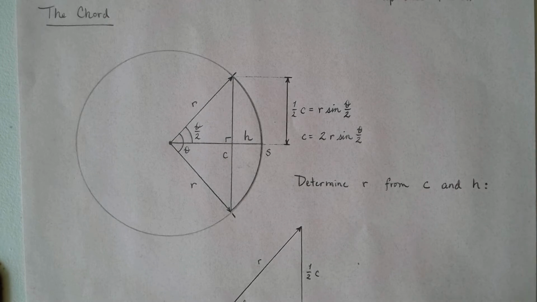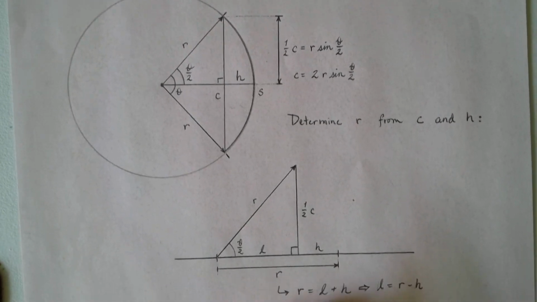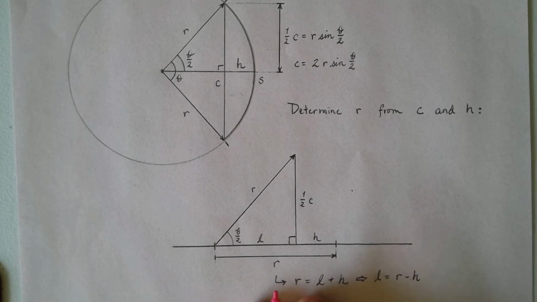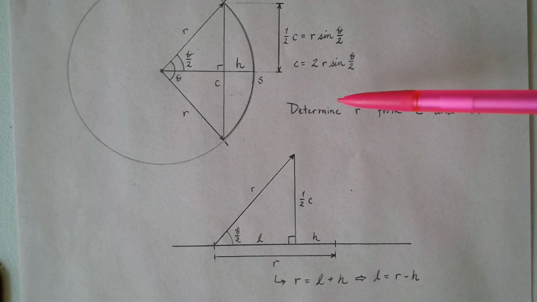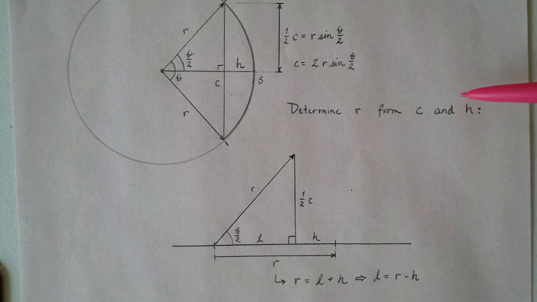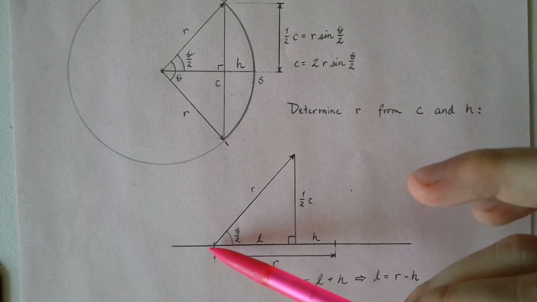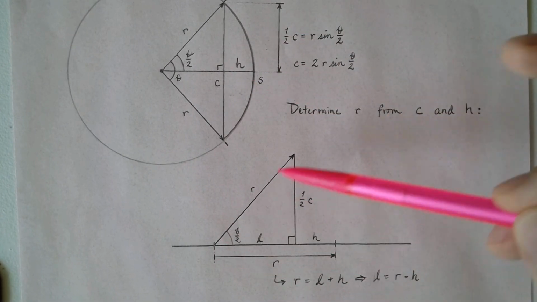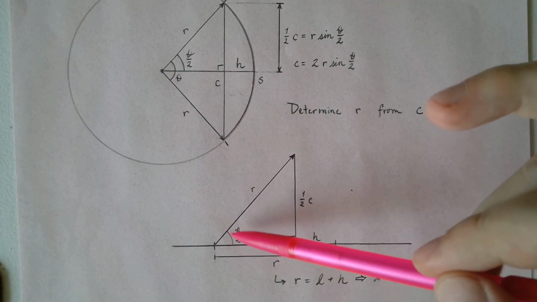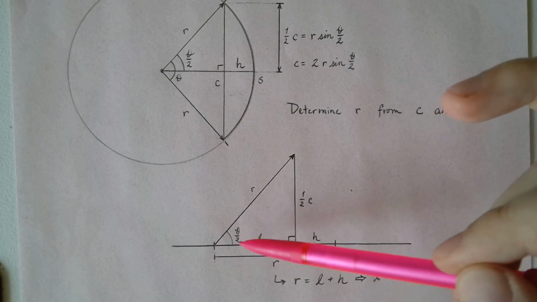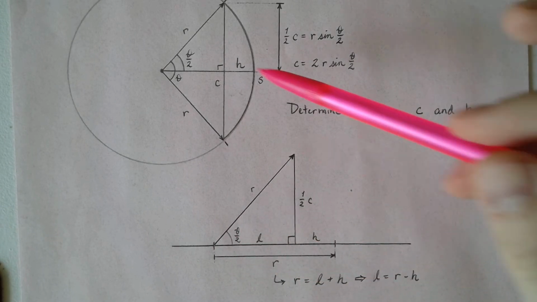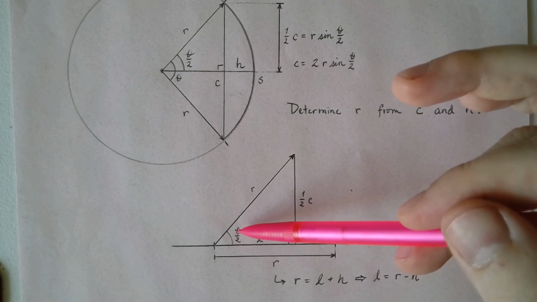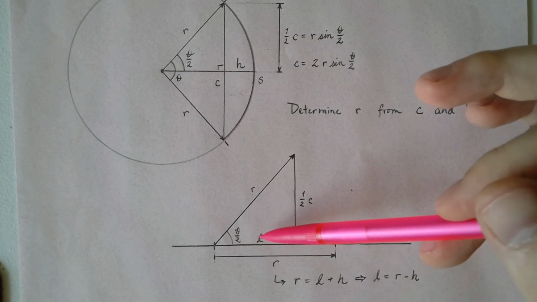As I stated before, the main goal of this exercise is to determine the radius from the chord and the depth of the spoon bowl itself. First we'll start with the triangle that's made here, with the radius being angled off of this bisected line by theta over 2, or half the angle.